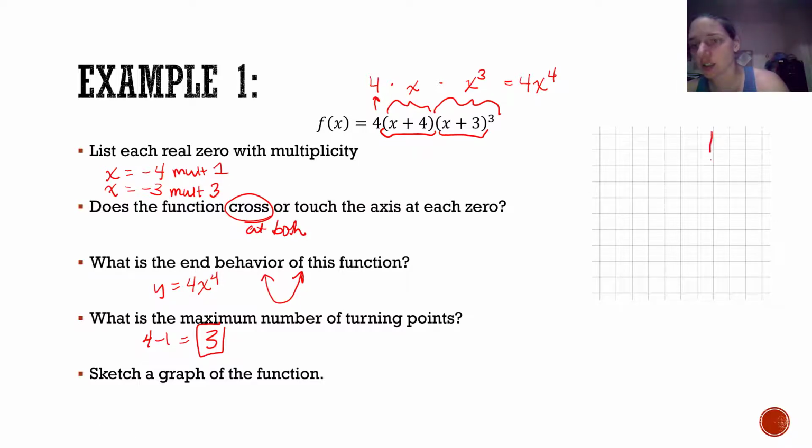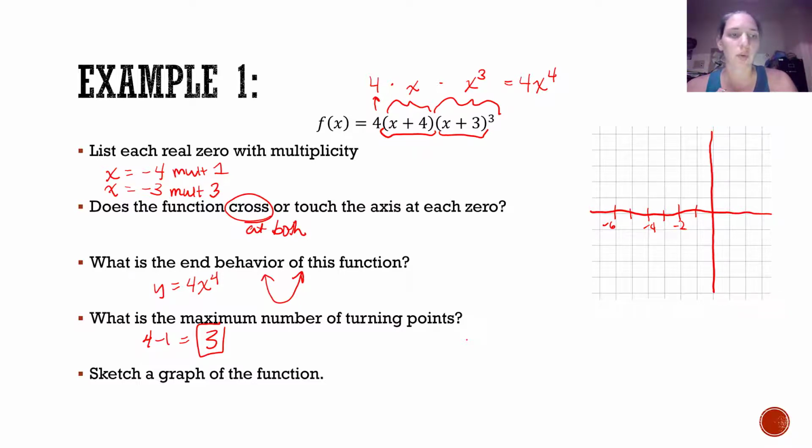So if I draw in my axes, so now I have 1, 2, 3, 4, 5, 6. Okay, so here's -6, -4, -2. All right, and we know we have a dot.